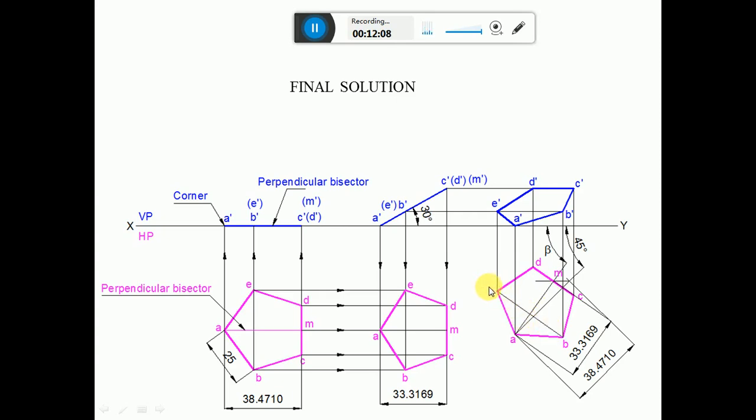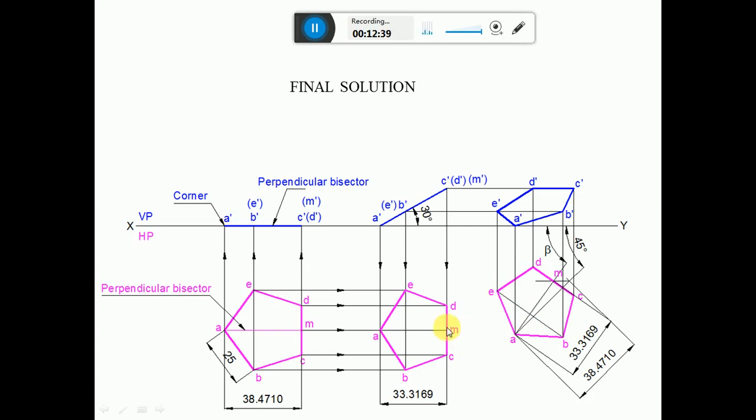Mark this point at 90 degrees and then join. From that point you join to this point and then extend on the bottom side, so that this line is perpendicular to AM. Now from this point you measure with respect to B, and also from this point to E, both are going to have equal distances. Using the compass, from the same point you cut an arc on this side and also cut an arc on this side. We are going to get these two points.